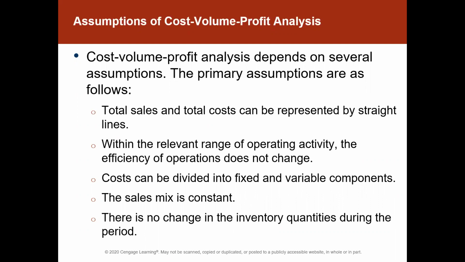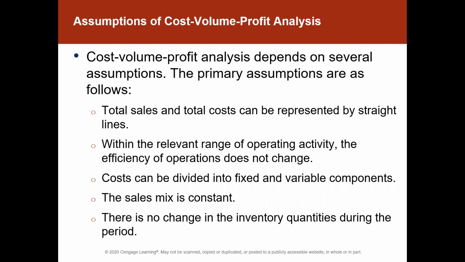We also spent some time talking about relevant operating range. And so we need to know or expect that once we identify that relevant range, that we can accurately predict our costs within that relevant range and that they're not going to go up or go down. A cost that is fixed across that entire range.